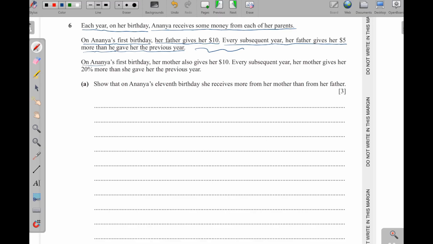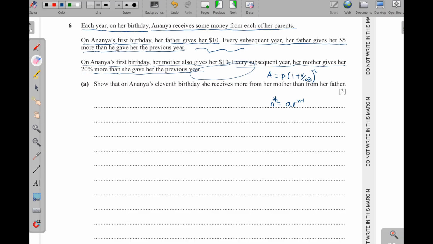Then here they are saying on Ananya's first birthday, her mother also gives her $10. Every subsequent year, her mother gives her 20% more than she gave her the previous year. So since this one keeps on increasing by a percentage of the previous one, this is like the compound interest formula where we say A is equal to P into 1 plus R over 100, then to the power of T. Okay, now this is a GP because the nth term of a GP is AR to the power n minus 1, something like that.